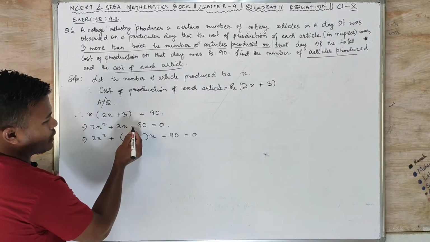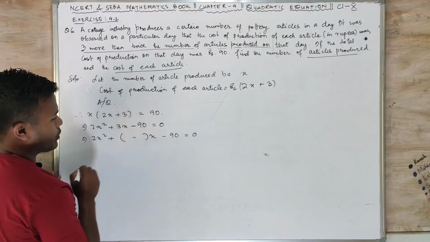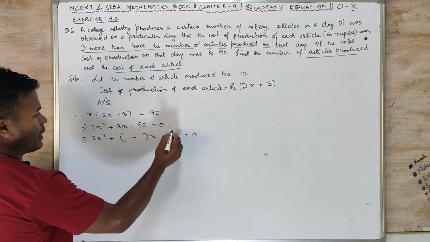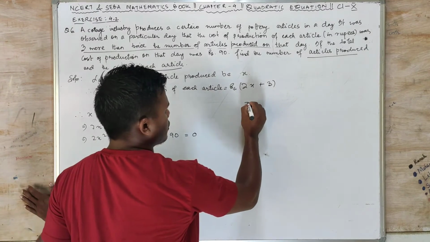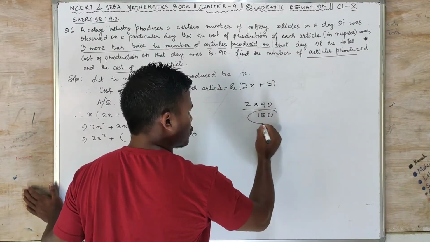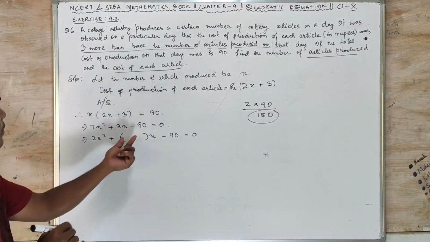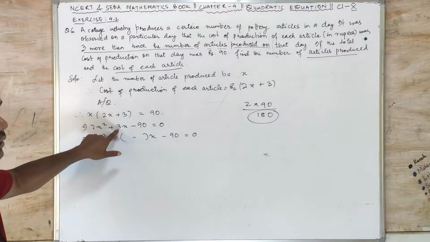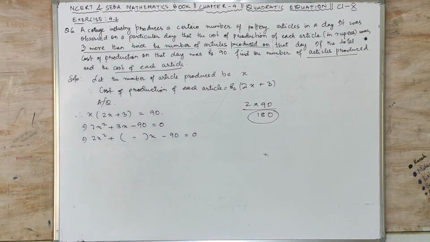Since it is minus, multiply any two numbers to get it. 2 into 90 is how much? It is 180. So to get 180 as a result, you multiply any two numbers, and after subtraction you should also get the result 3. Just think and try it once.